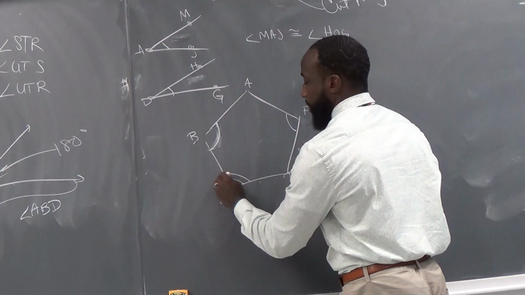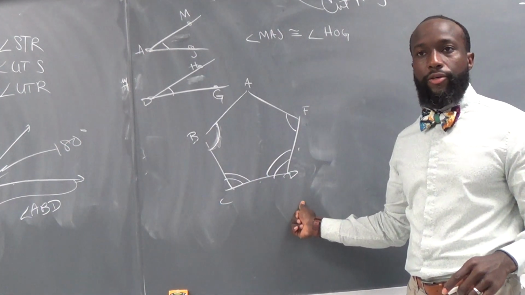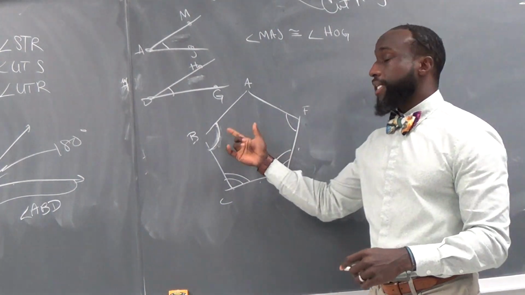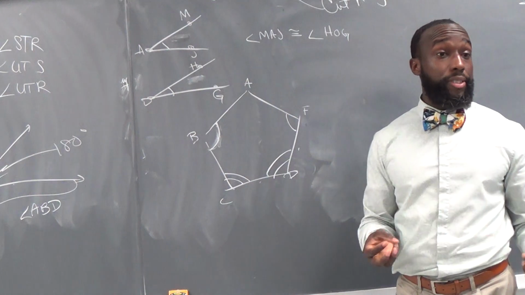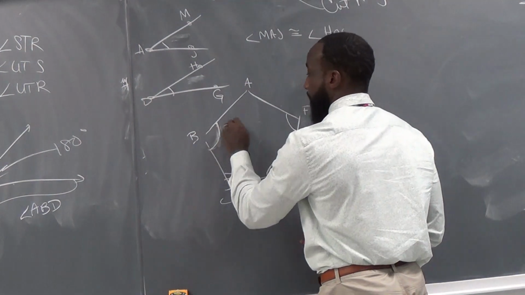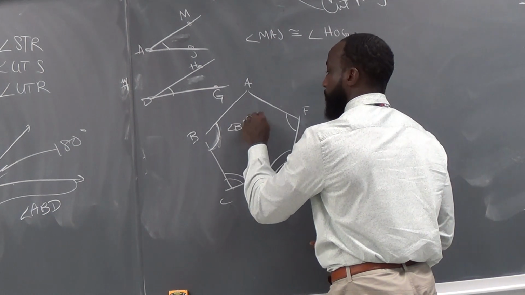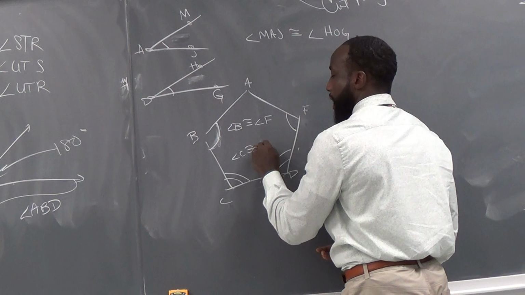And if I do two here, that means angle C and angle D are congruent. In geometry, the matching marks represent congruency. So angle B is congruent to angle F, and angle C is congruent to angle D.